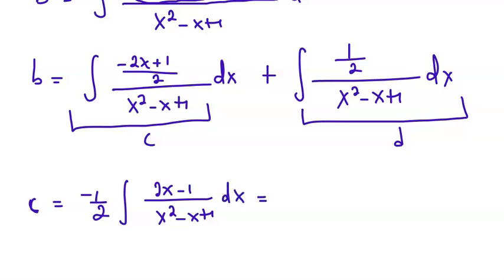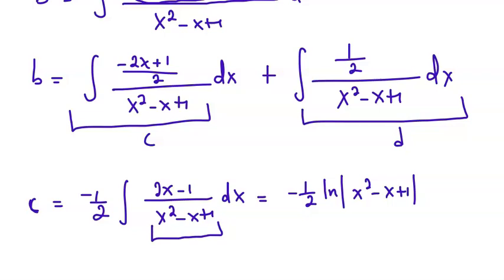So this will be equal to, remember from here again, the derivative of the denominator will give us the numerator. So this is simply negative 1/2 times the natural log of x squared minus x plus 1, right? So this is what we have from here.